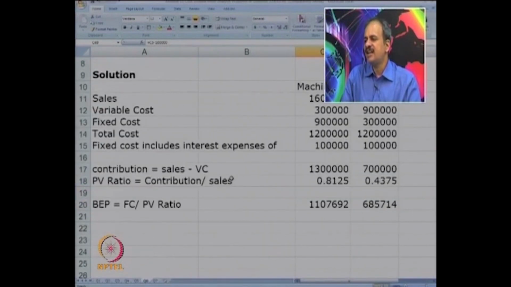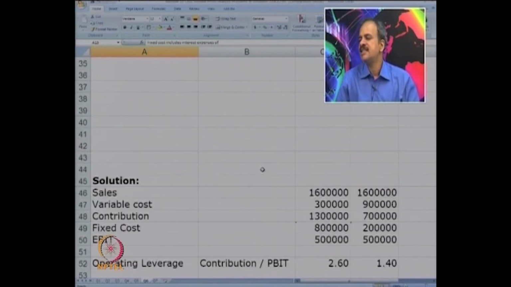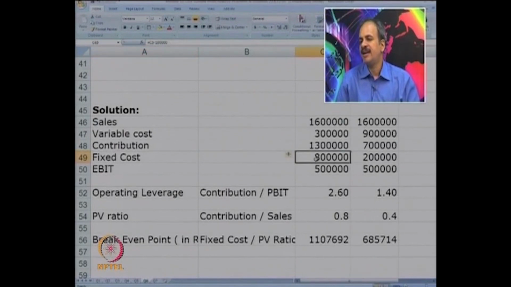Only difference is earlier we had taken the full fixed cost. Fixed cost here has an interest component of 1 lakh, so we will ignore it since interest is a financial expense. So we have taken operating fixed cost, which is 8 lakhs and 2 lakhs. EBIT is now contribution minus operating fixed cost. So it is the same 5 lakhs at both the levels. This is earnings before interest and taxes.